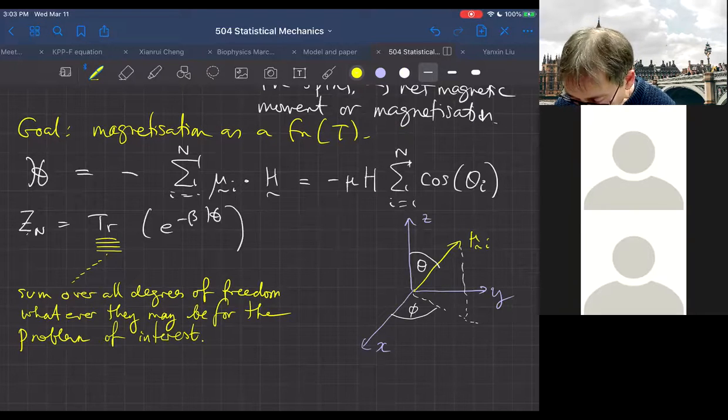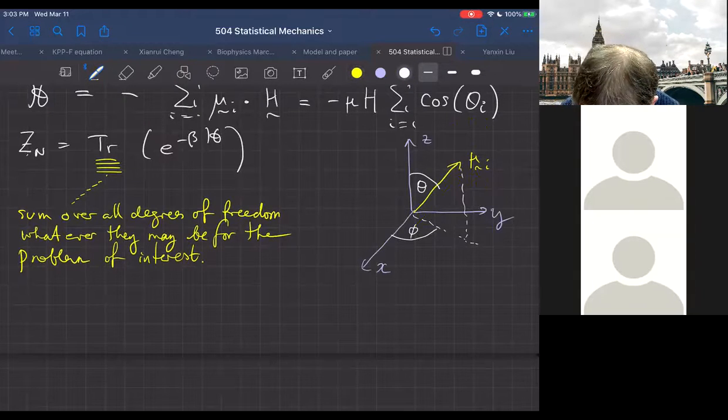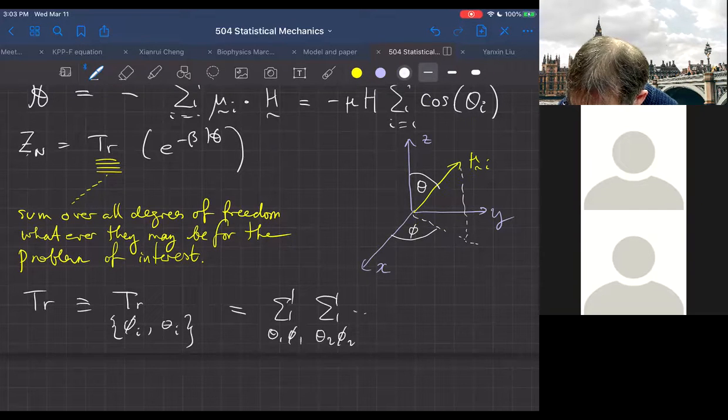And so in this case, when I write down the notation trace, what I really mean is a trace over the degrees of freedom, and my degrees of freedom are the thetas for the spins, and the phi values. And so what I really mean is I sum over all values of theta 1 and phi 1, sum over all values of theta 2, phi 2, and so on, all the way up to theta n, phi n.